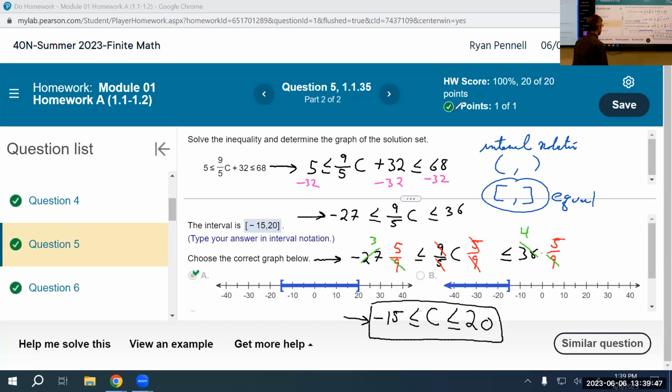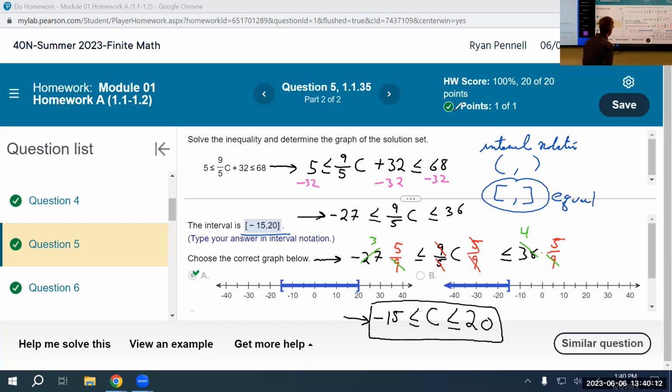So that's what I'm going to do, and that's why I did what I did here. You'll see that I have bracket, negative 15, comma, 20, bracket. That's including negative 15, including 20, and including the infinite amount of numbers in between. Then the last part asks, as a multiple choice question, what it would look like on the real number line.